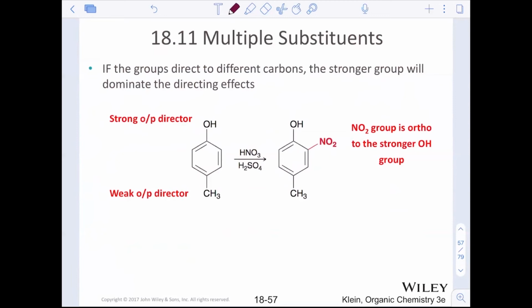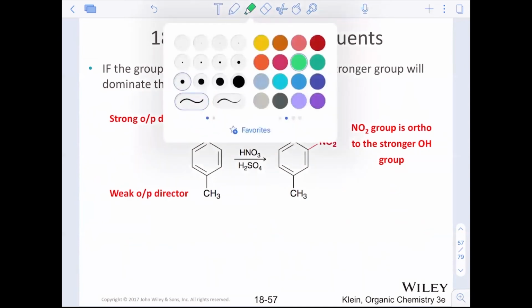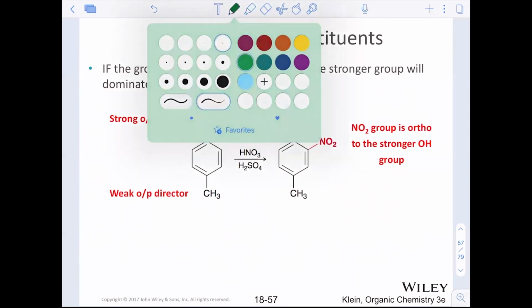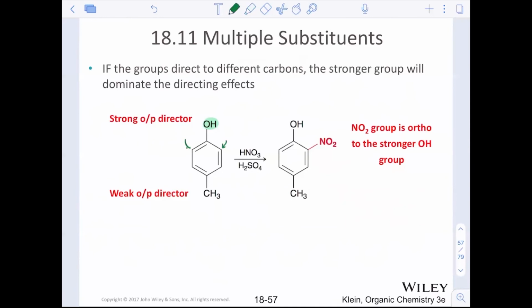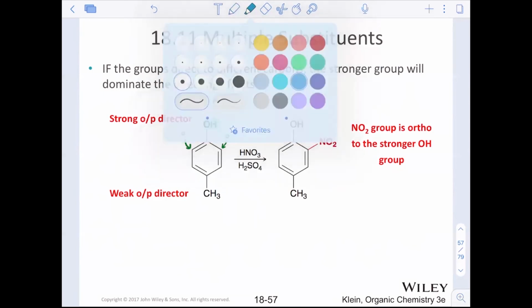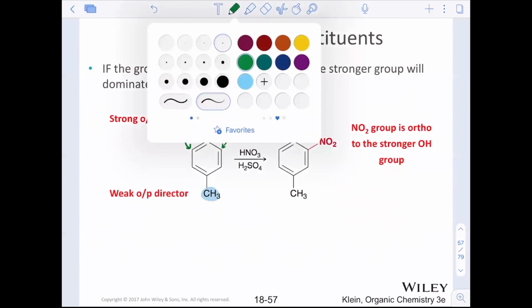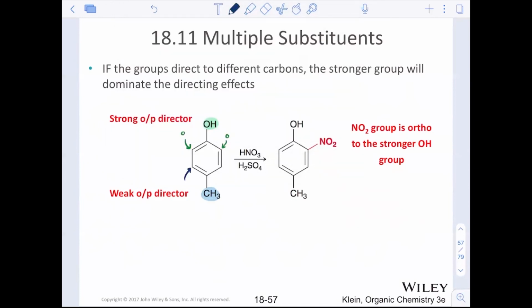Okay, so we have two ortho-para directors. For our hydroxyl group, ortho-para, let me just get some color matching here, would be here or here, right? Ortho and ortho to our hydroxyl group. The methyl group is also an ortho-para director, but ortho and para to that methyl group is here or here.